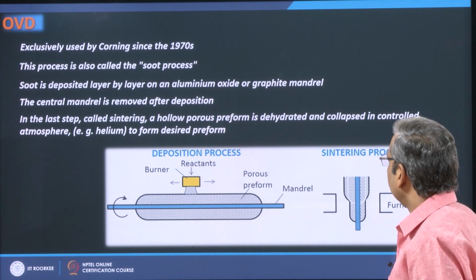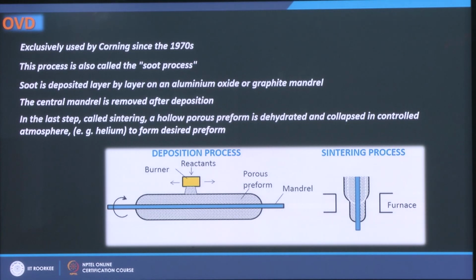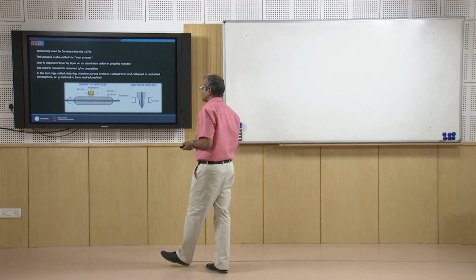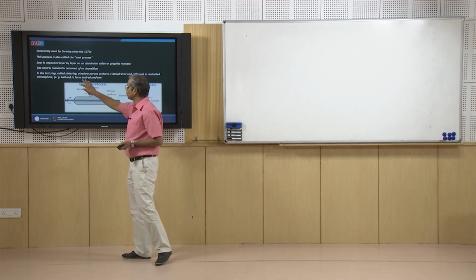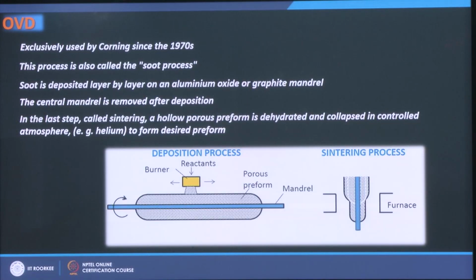You sinter this hollow porous preform in a furnace, you dehydrate it and collapse it into a solid preform in a highly controlled atmosphere, usually a helium atmosphere. Okay, so that is how you make a preform by the OVD technique.